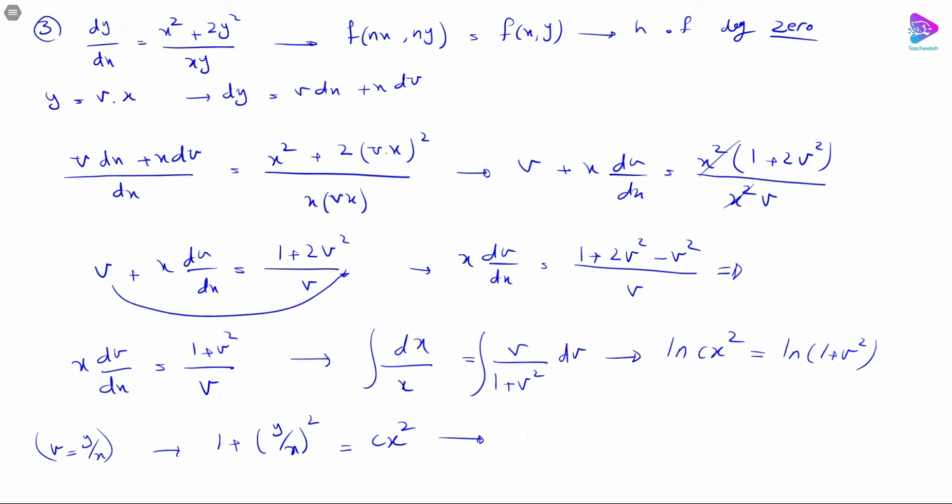Or you can even simplify further, x squared plus y squared is equal to c x to the fourth. And then let's say if they ask what is f of 0, then I can say x equal to 0, therefore y has to be 0. So f of 0 would be 0. Simple as that.